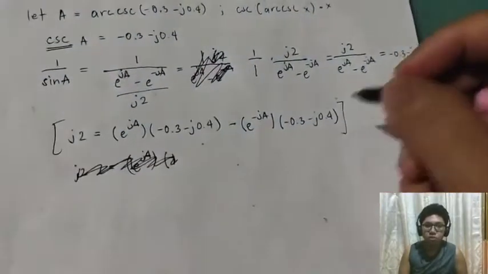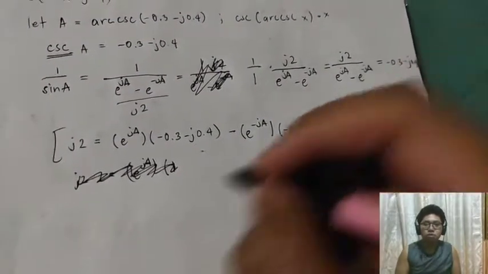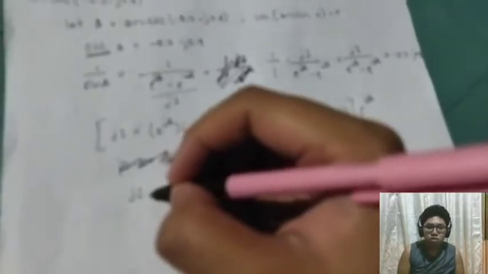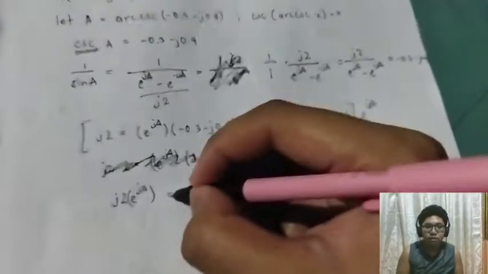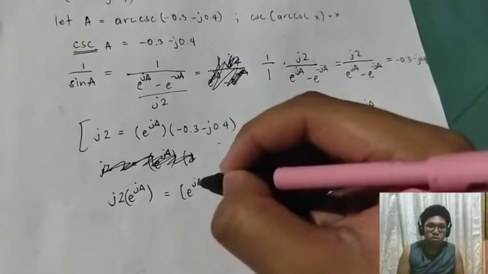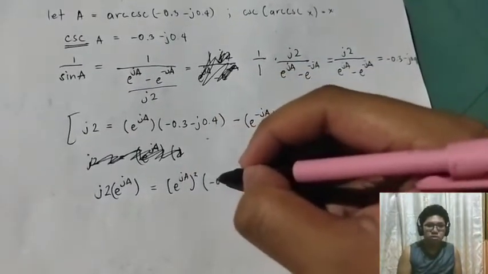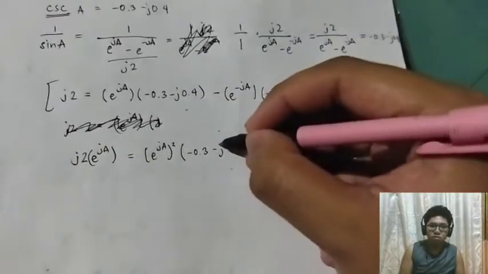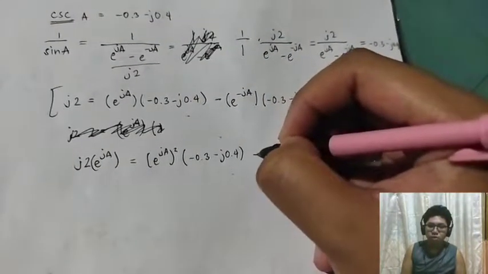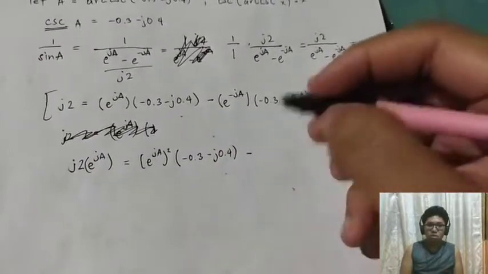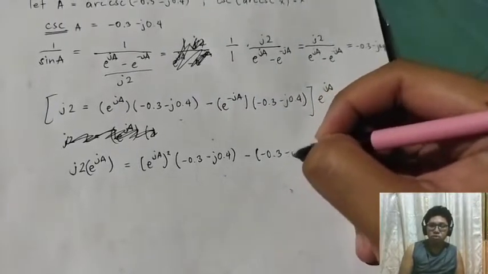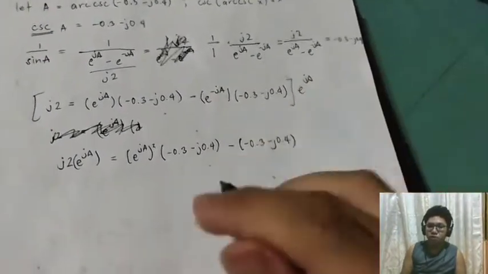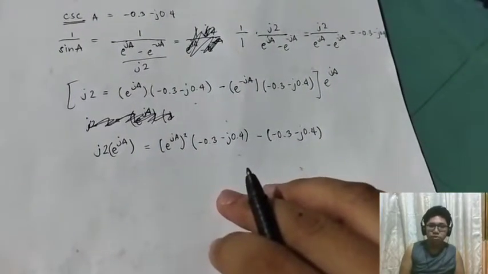After that, we will multiply both sides of the equation by e raised to ja. So that is j2 times e raised to ja equal to the e raised to j squared times negative 0.3 minus j 0.4 and minus, that is e raised to 0 equal to 1. So the remaining would be 0.3 minus j 0.4.